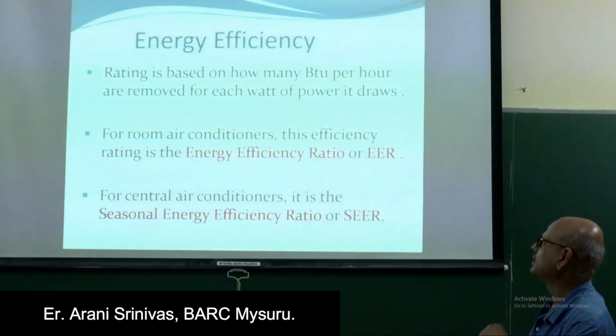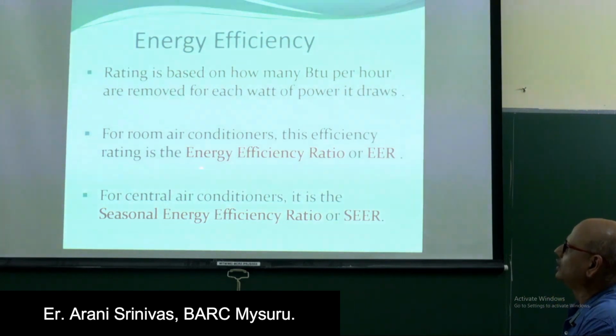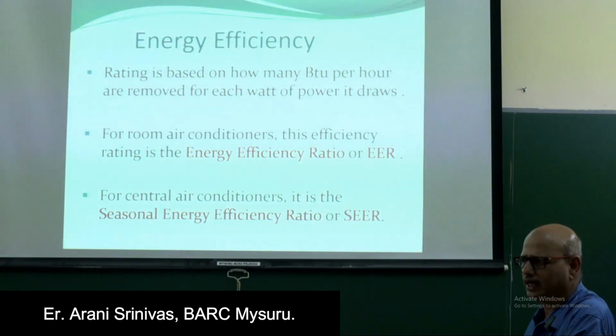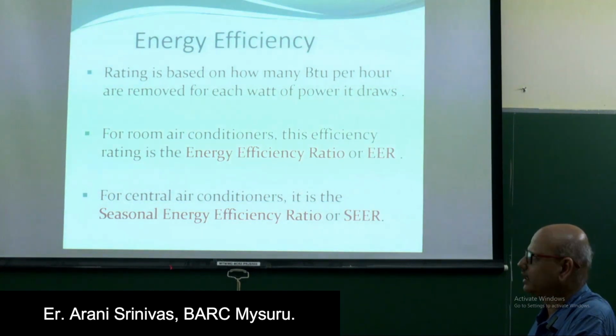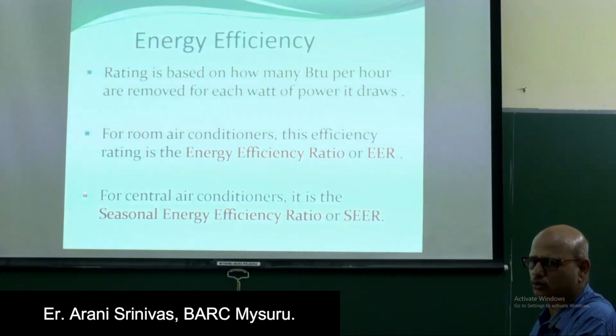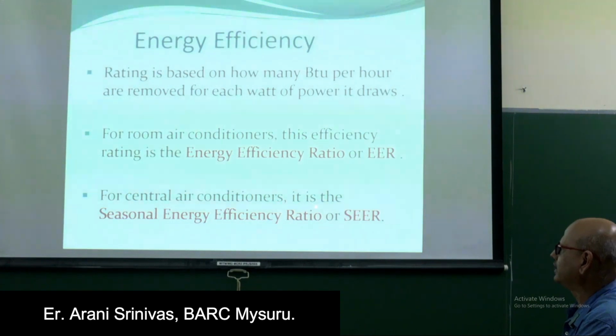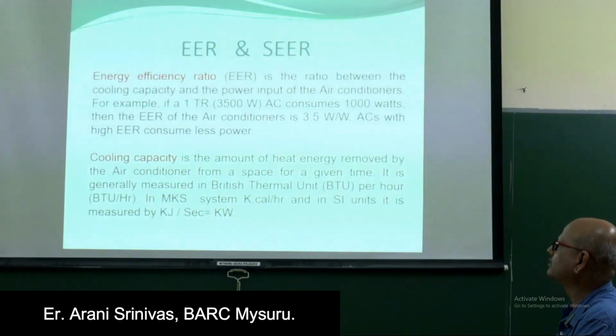For room air conditioners, this efficiency rating is the energy efficiency ratio or EER. It is nothing but the heat removed to the energy put in, both in heat units. If you do that, we will get this energy efficiency ratio. For central air conditioners, it is called seasonal energy efficiency ratio, SEER.